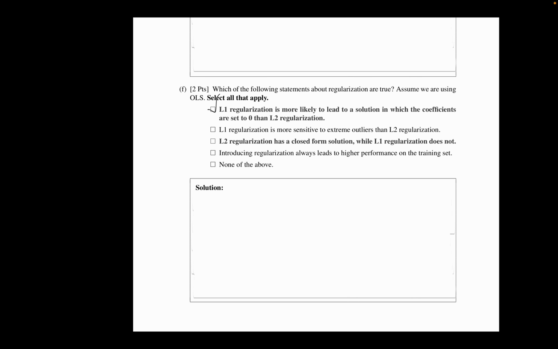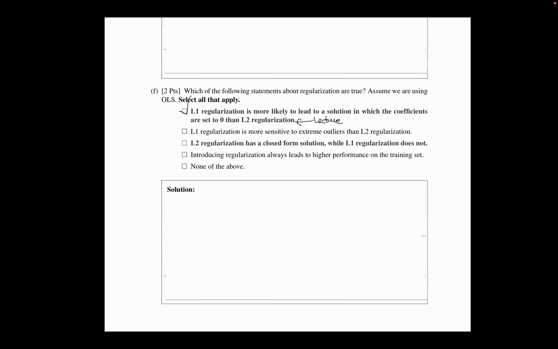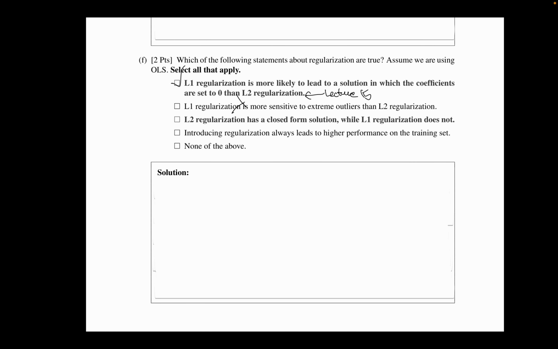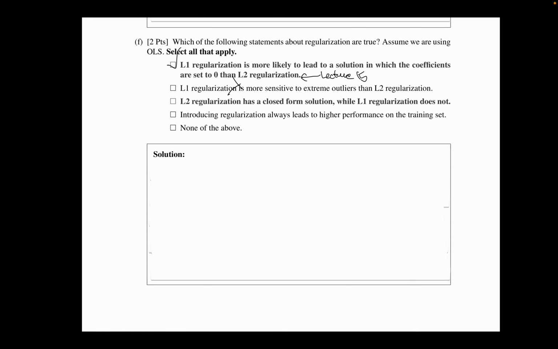For this part, it's explained in lecture 15, so I would highly encourage you to check that out. Option 2 is false. L2 uses a Euclidean norm, which has a square term, and vectors with larger values will have a larger norm than those with smaller values, leading them to be more penalized.